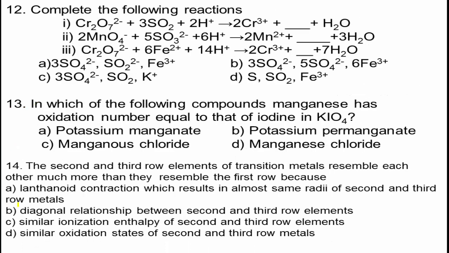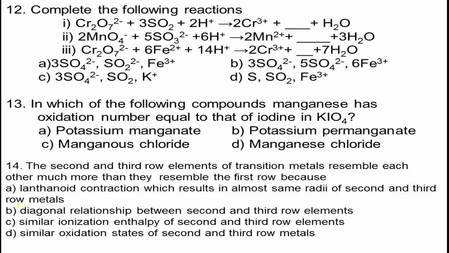Next, question number 12. Complete the following reactions. In the first reaction, Cr2O7 2 minus, 3 moles of SO2 and 2 moles of H plus are combined to give the products 2 Cr3 plus and H2O.